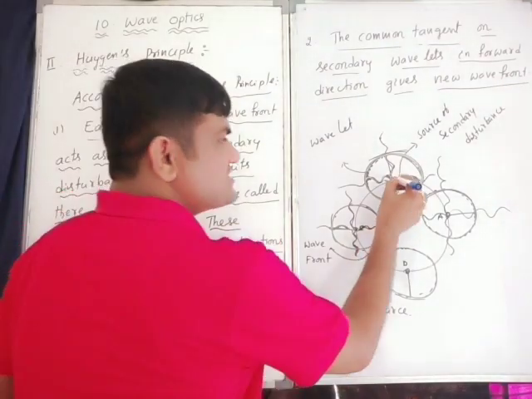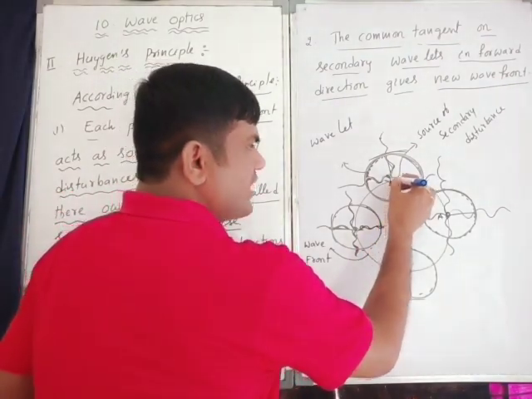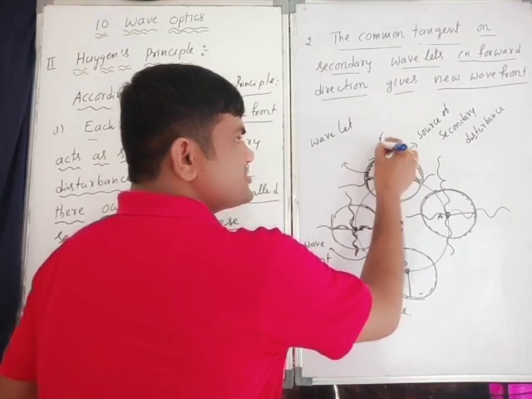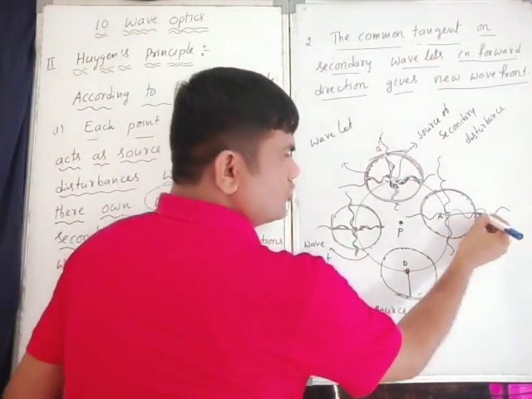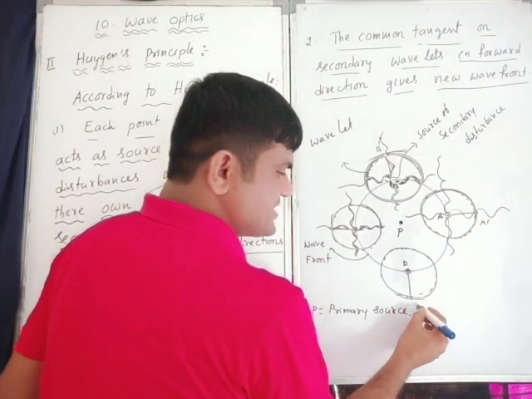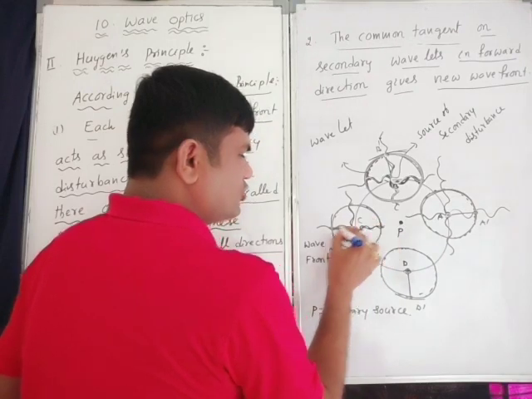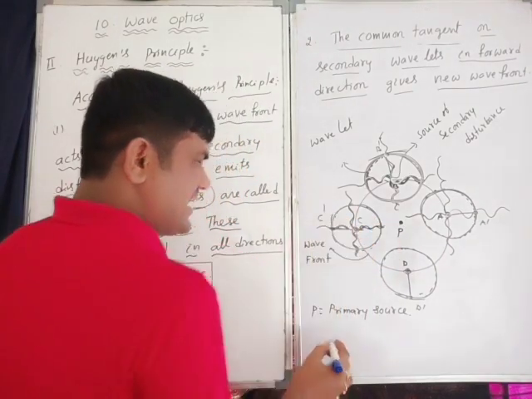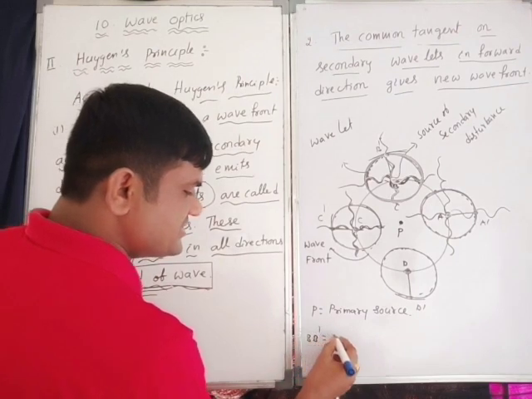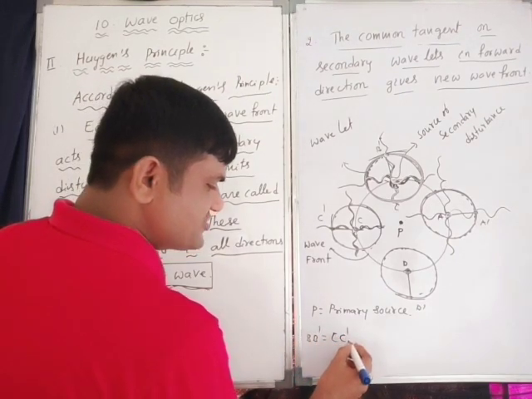Next, the distance from B to B dash, A to A dash, D to D dash, as well as C to C dash. So what is that? B to B dash is equal to C to C dash.